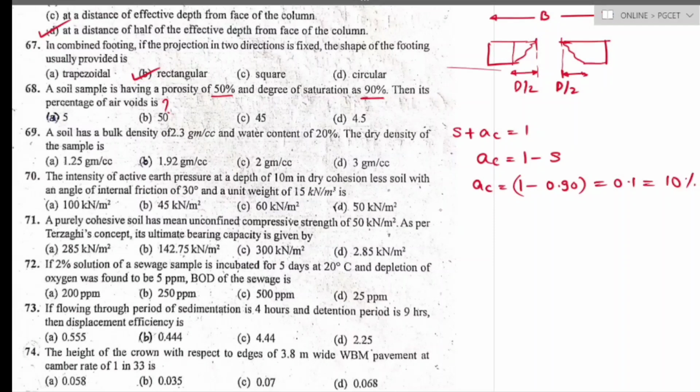Now we have to find the percentage of air voids, that is, now you will get the percentage of air voids is 0.05, so option A will be the right answer.